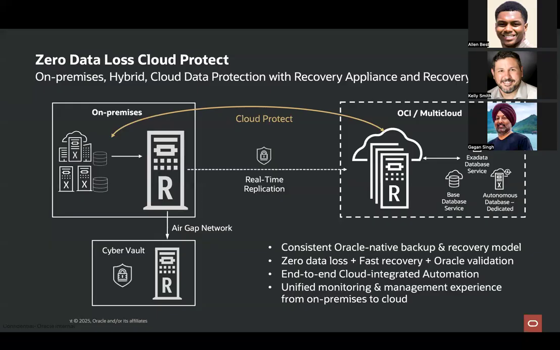So I think this just shows holistically where we're at from on-premise to hybrid to now Cloud Protect, an overall view. And it shows where the future of backups is going as we're pushing more towards cloud and using cloud to not only efficiently help with protecting cloud databases, but protecting our on-premise databases as well.